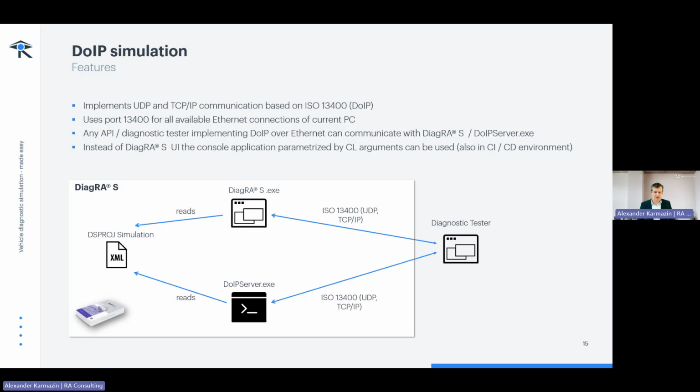And more or less that's it. There are also additional configurations, like the VIN number for the whole vehicle, needed, but it's really easy to transfer your data or your simulation files from CAN to DoIP or to support both.